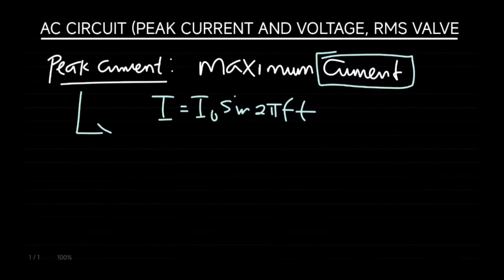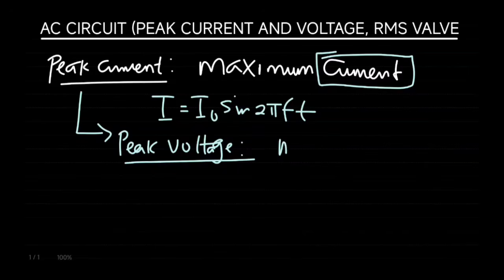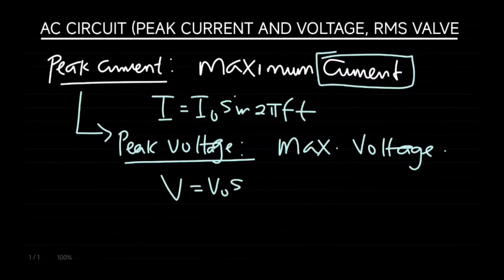Same thing applicable to peak voltage. It is the maximum voltage or potential difference in an AC circuit. And mathematically, it is given as V is equal to V naught sine 2 pi ft. Recall that our W, which is the angular velocity, is given as 2 pi f.